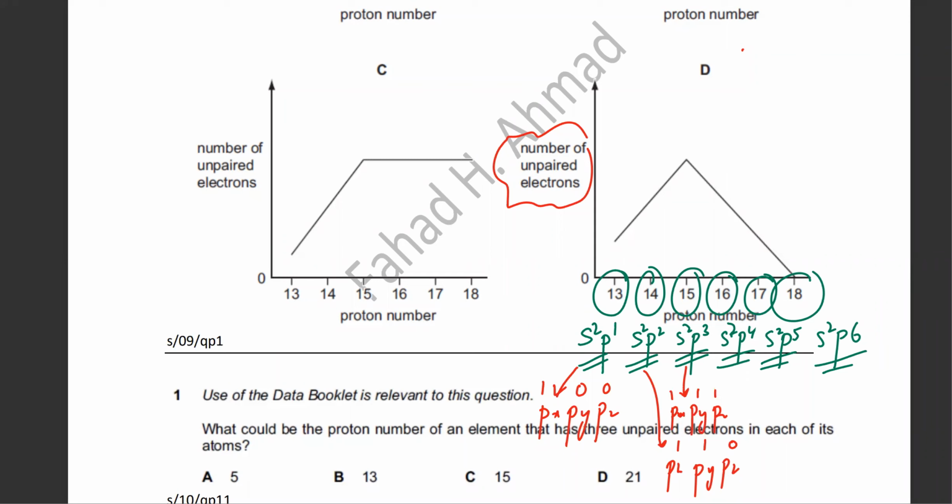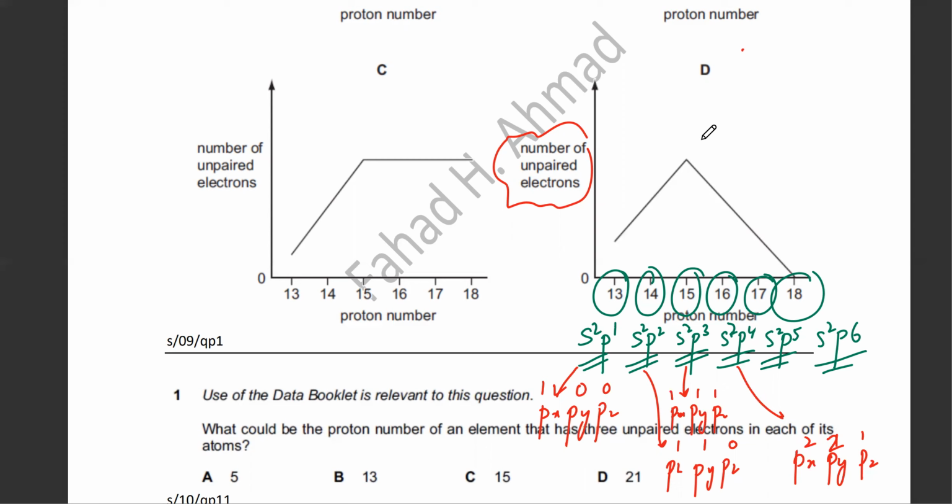When it comes to p4, the number of unpaired decreases. It comes back to 2 because one of them is now paired. With p5, the number of unpaired decreases again, to only one unpaired. With p6, there's going to be 0 unpaired.